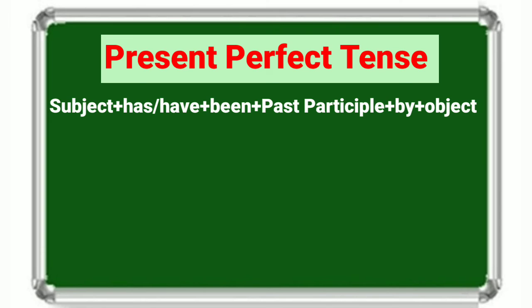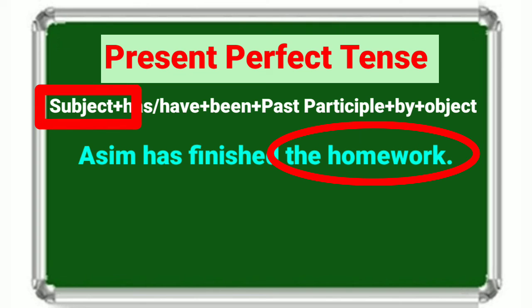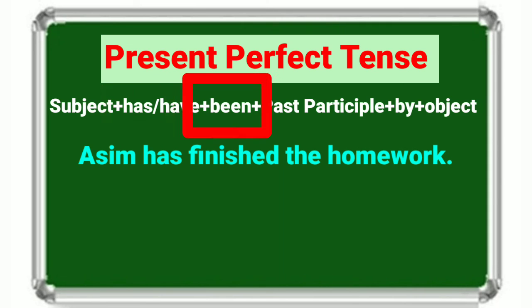For example, Asim has finished the homework. Here, the object, the homework, would be taken as the subject of passive voice. Auxiliary verb has followed by been and then the past participle form of finish, that is finished, plus preposition by.